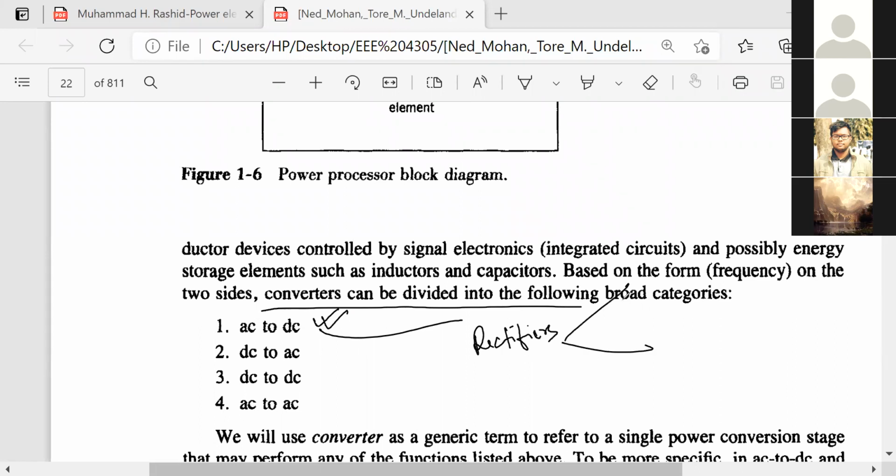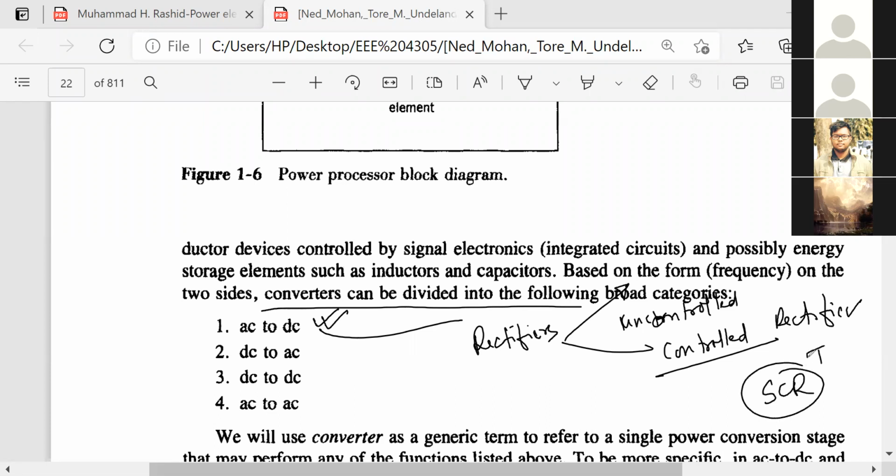One is the uncontrolled rectifier. That means we cannot have any control; the magnitude will depend on the input voltage. But you can have a controlled rectifier. In the controlled rectifier, we shall use special devices. The device is the SCR, or people call it thyristors. We shall come to this device.